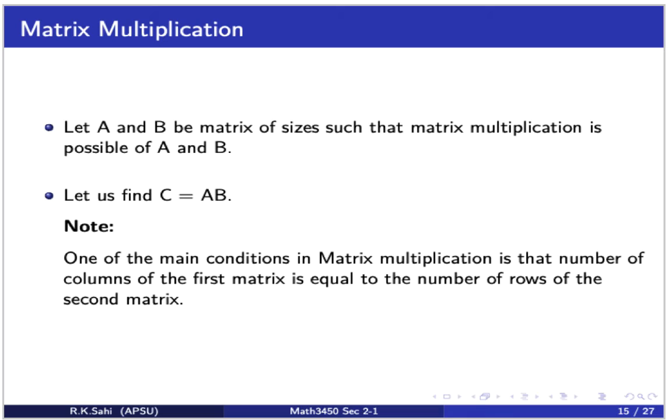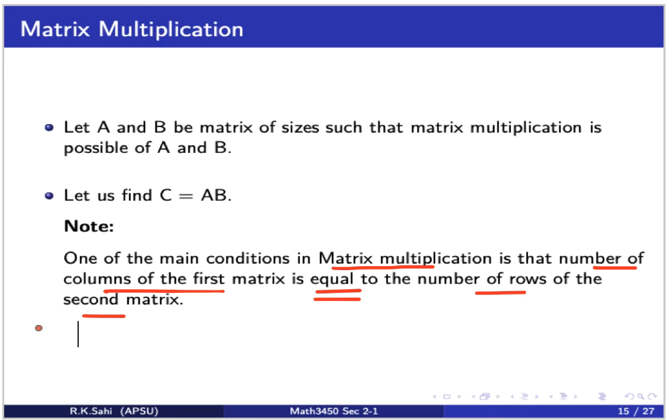Now, when we want to multiply two matrices, there is a very, very important condition for that to take place. In matrix multiplication, the number of columns of the first matrix should be equal to the number of rows of the second matrix.